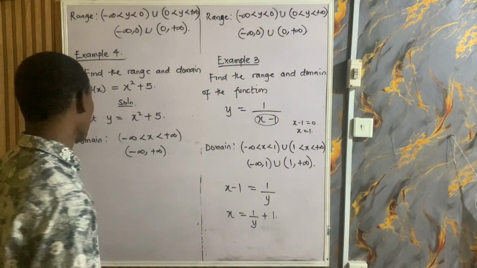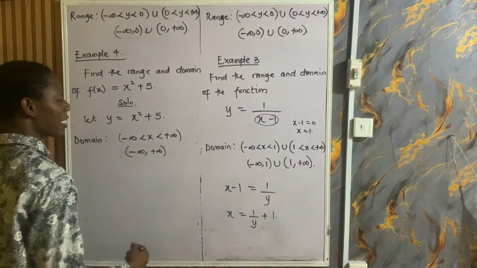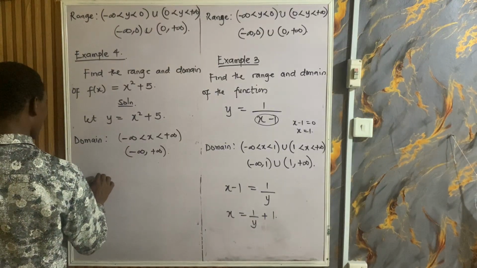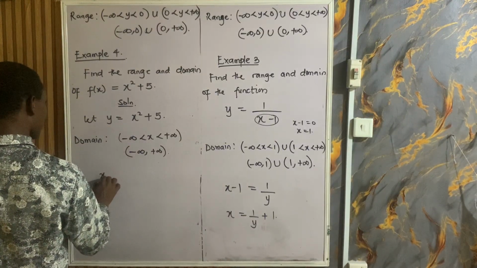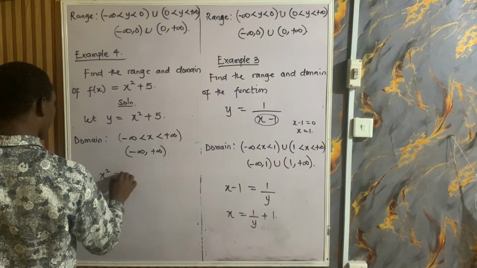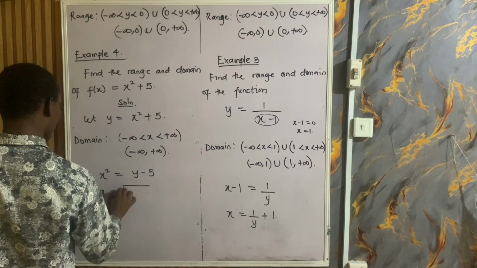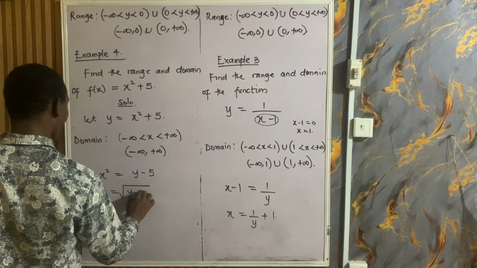That's that. Now, to get our range, remember you make x the subject of the formula. So this is going to be x squared is equal to y minus 5, and then x becomes square root of y minus 5.